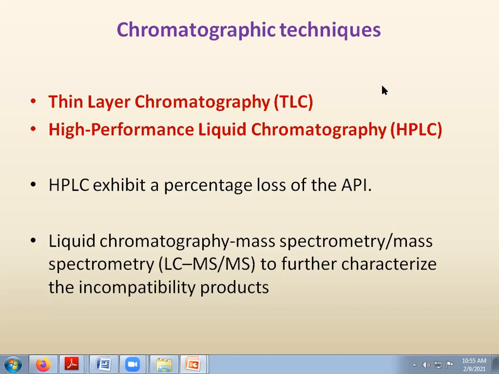For more accurate analysis, HPLC is attached with LCMS. It is called liquid chromatography mass spectroscopy.